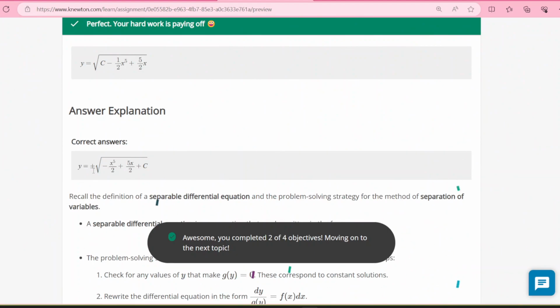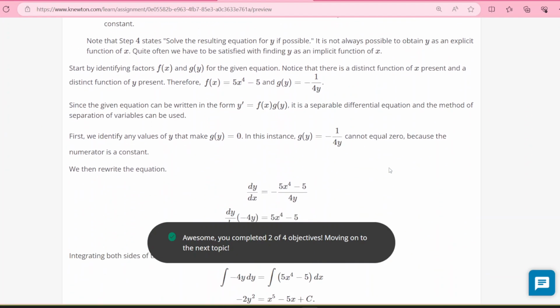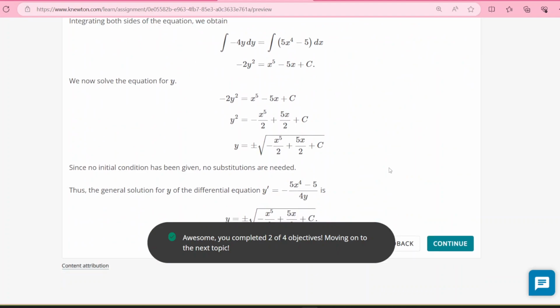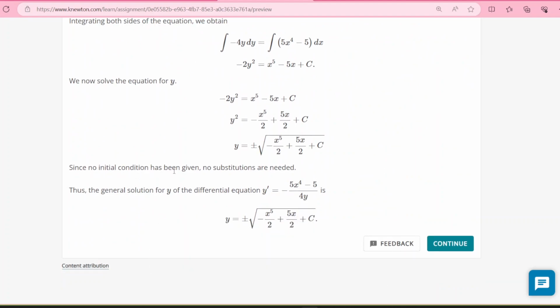All right. Now you see they have the plus or minus. Probably mentioned something about it down here. Yeah, see, since no initial condition has been given, no substitutions are needed. Right, so, oh, that's just if you have to find C. But still, no initial condition was given. So if they gave me some initial condition, say the value of y had to be negative when x was 0 or when x was 1 or something, then I'd use the negative square root.